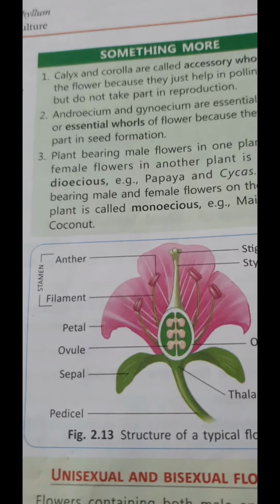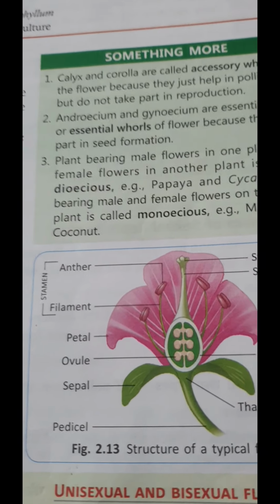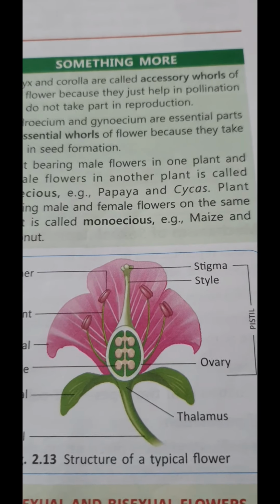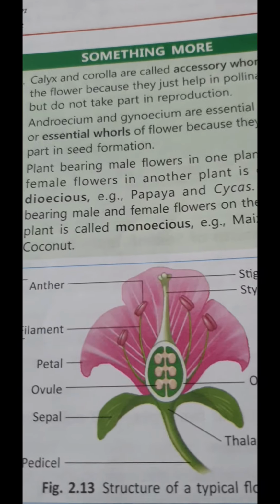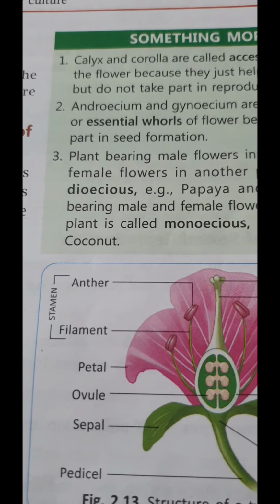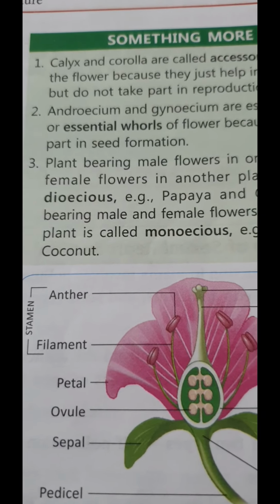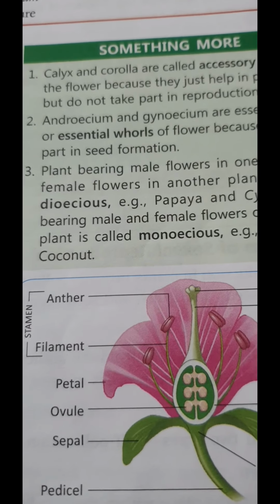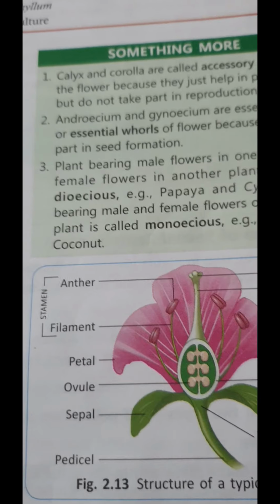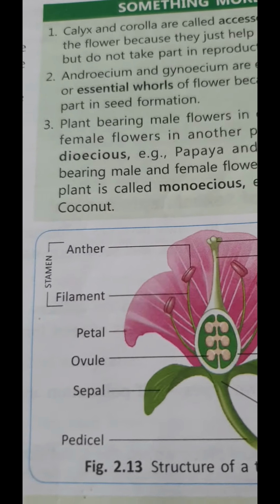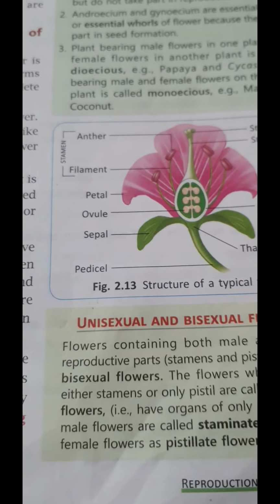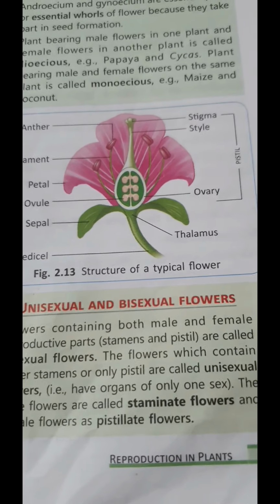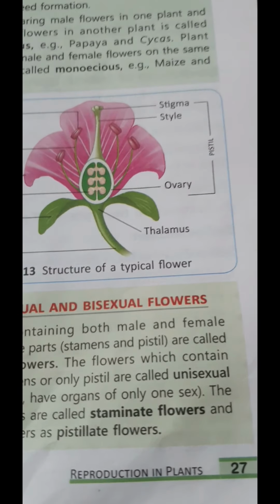And the plants which bear only male flowers or only female flowers are called dioecious. Similarly, bisexual flowers are flowers containing both male and female reproductive parts.